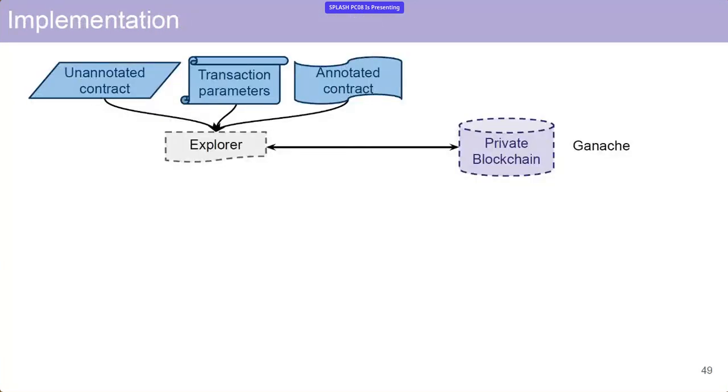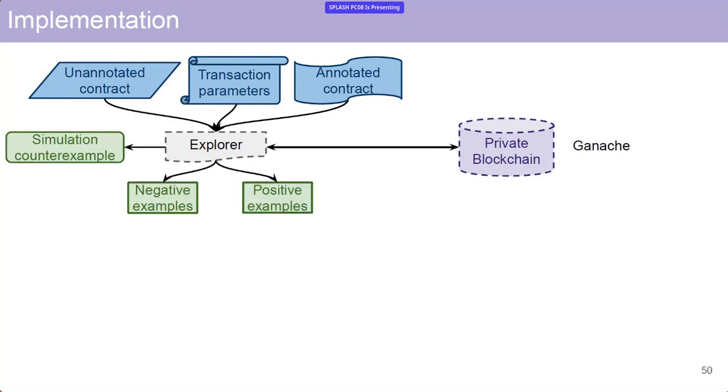Now we implemented this in a tool where we have an Explorer to generate negative and positive examples by running the actual contract on the private blockchain Ganache. So it takes the annotated contract, the unannotated contract, and transaction parameters. It generates negative and positive examples.